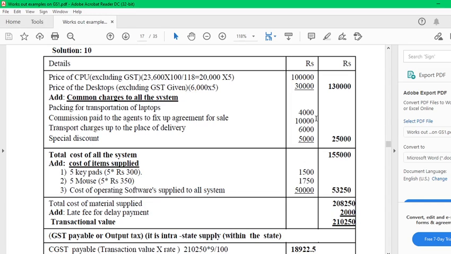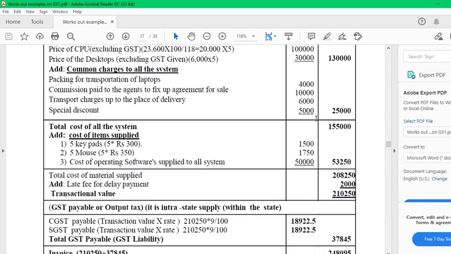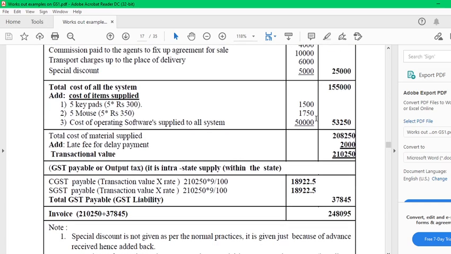Otherwise, we would have taken it under the common cost also. This is the cost of operating software. Therefore, it is 53,250. Then the total cost of material supplied is 2,08,250.